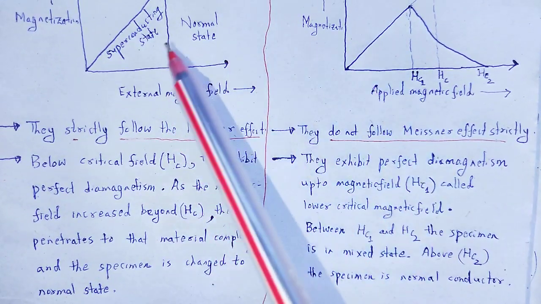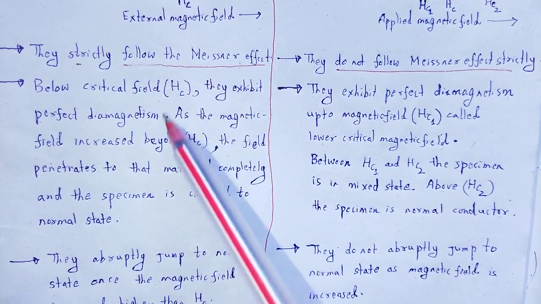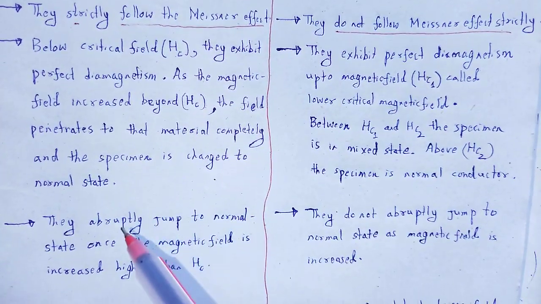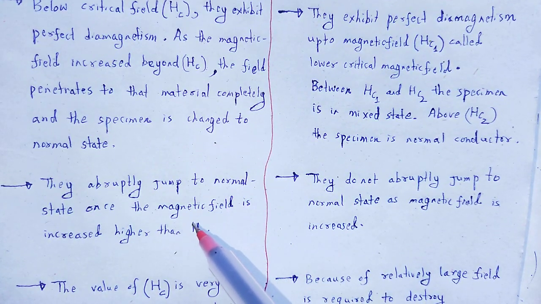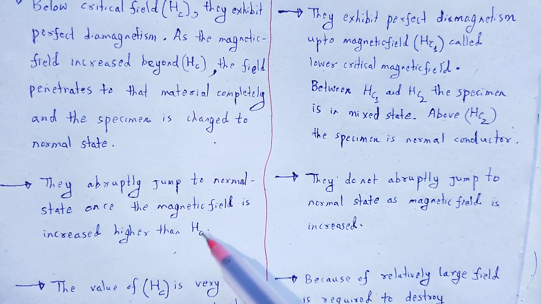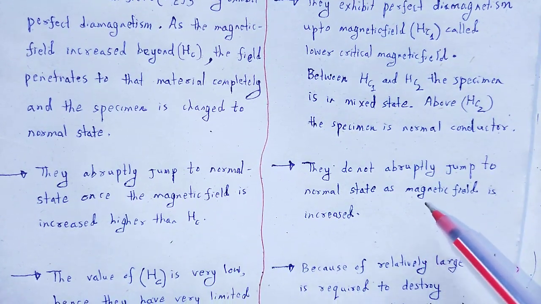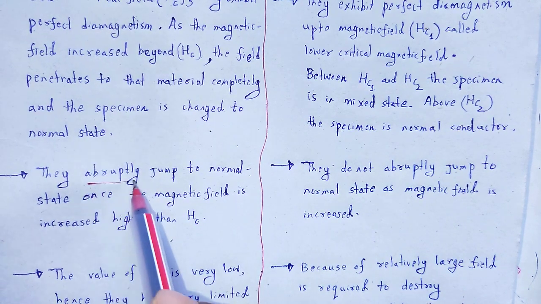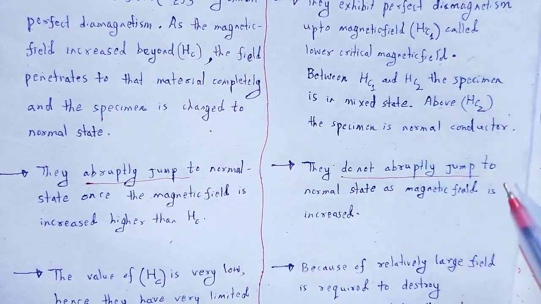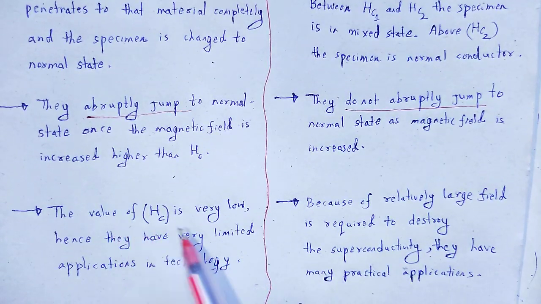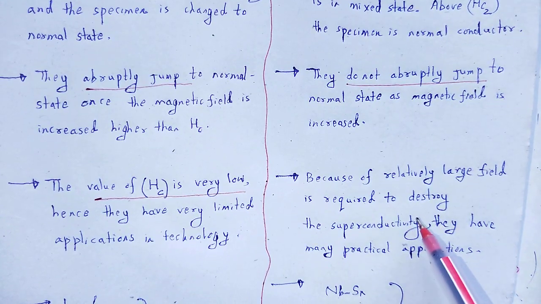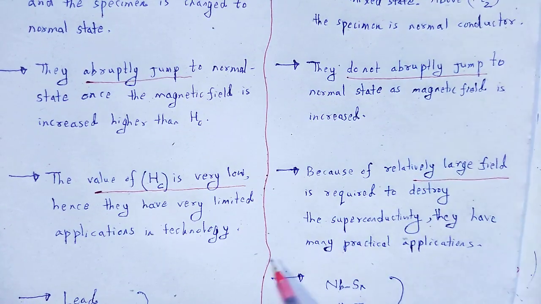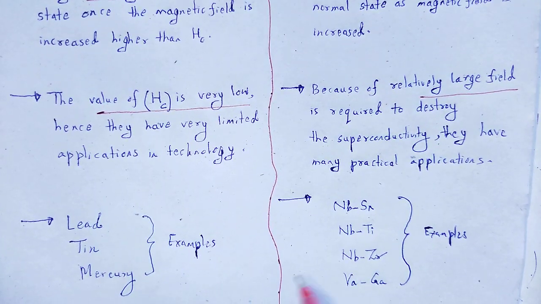Type 1 abruptly jumps to normal state once the magnetic field is increased higher than Hc, but type 2 does not abruptly jump. The value of Hc is very low, while type 2 has a relatively large field. These are the examples, and again these are the examples.